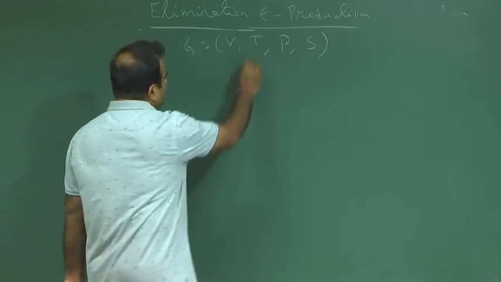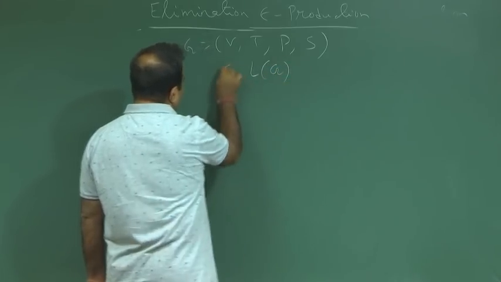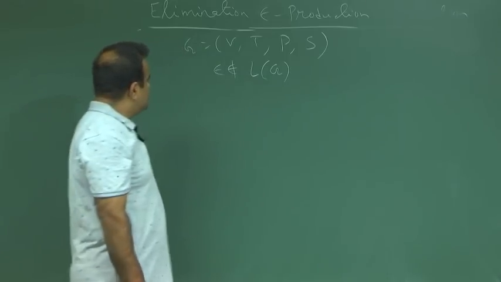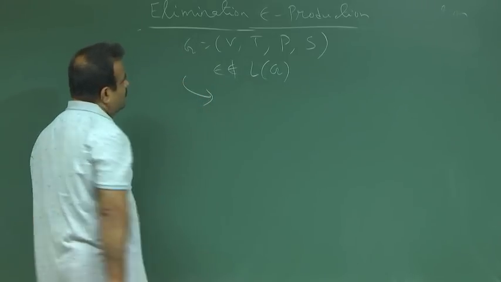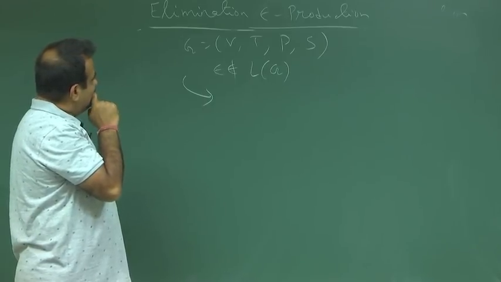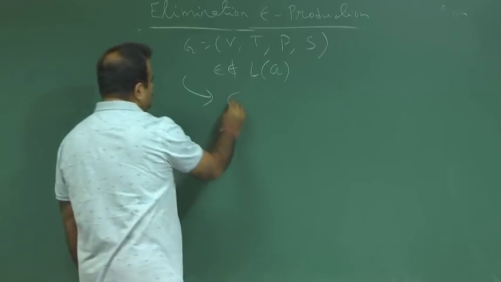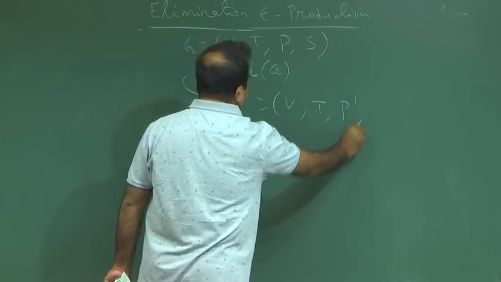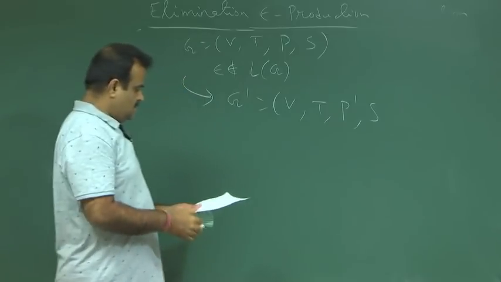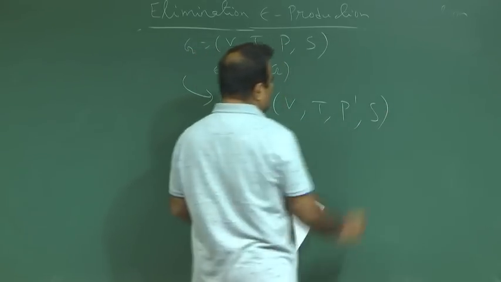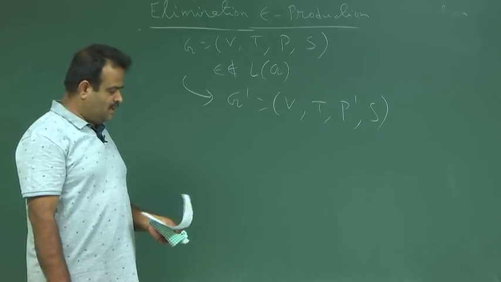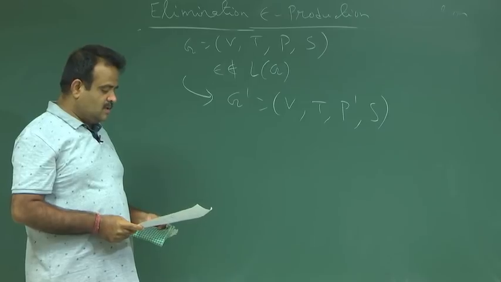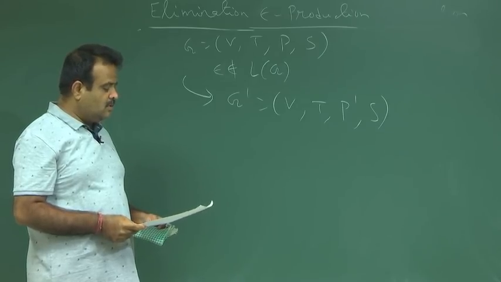Now, suppose L of G does not contain epsilon, then we can construct a grammar G prime, which is V, T, P prime, S, such that there will be no null variable. I mean, there will be no null production in this grammar.